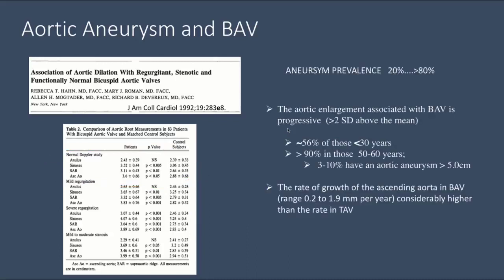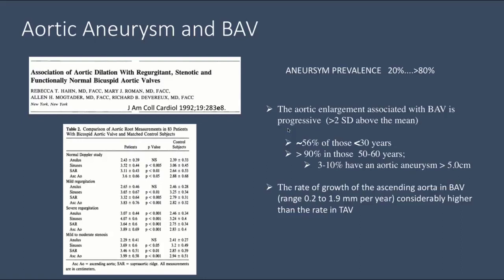So the prevalence of aortic aneurysm with bicuspid aortic valve has been reported as being anywhere from 20% to over 80%. And I think this variation has a lot to do with the age of the population being studied, as well as the definition of aortic aneurysm.